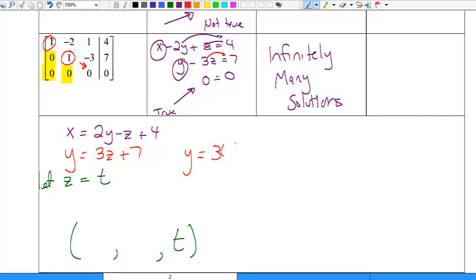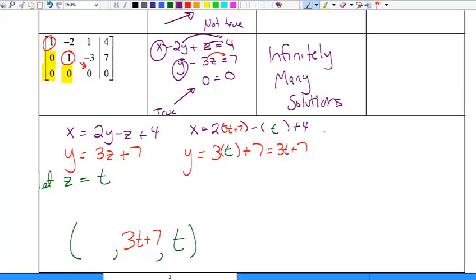I have y equals 3 times z plus 7, but instead of z, I'm going to plug in t. That's simply 3t plus 7. So my y variable in terms of t is 3t plus 7. Then to solve for x, I have 2 times y minus z plus 4, where my y is 3t plus 7, and my z is just t.